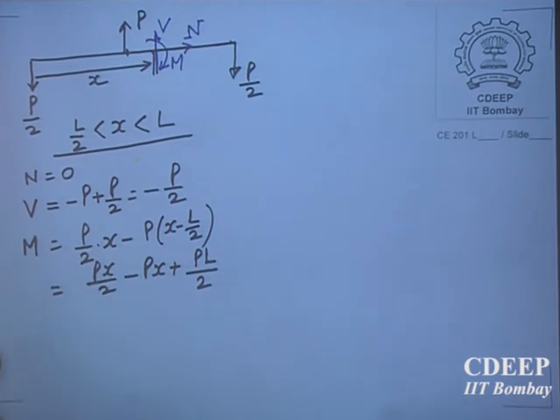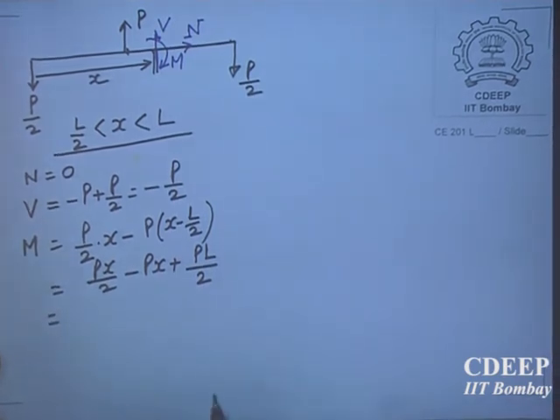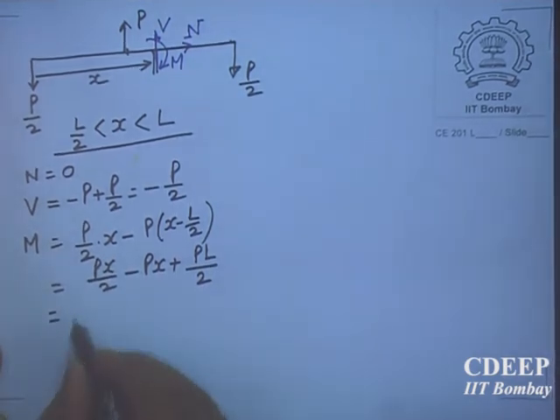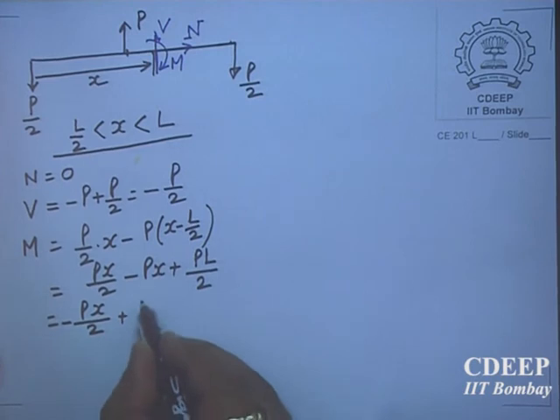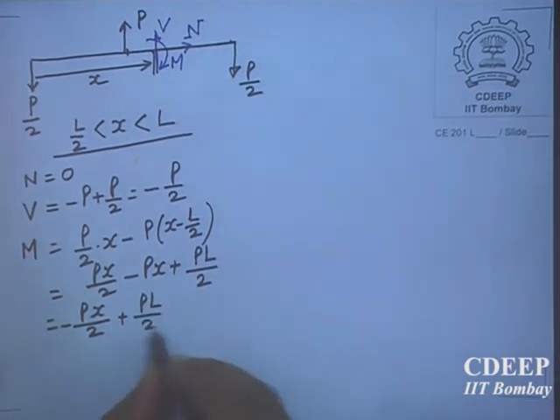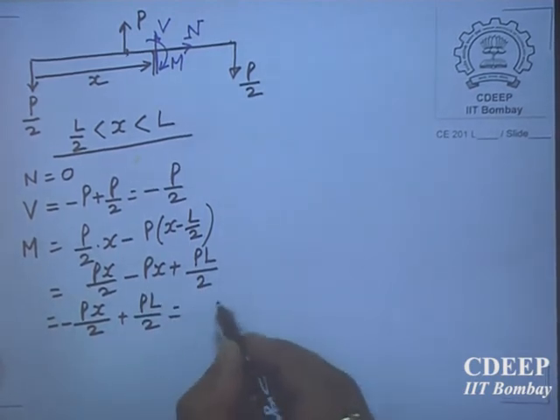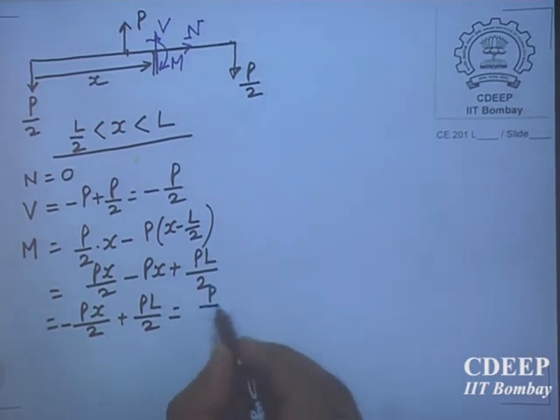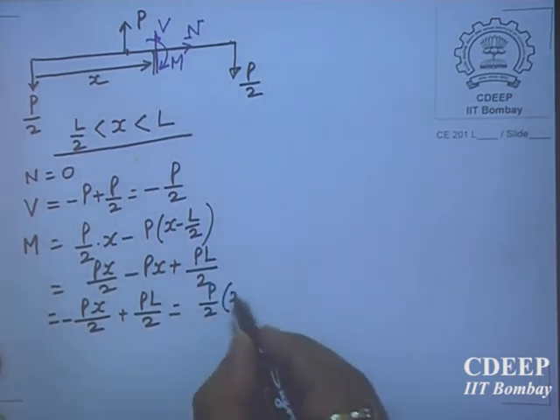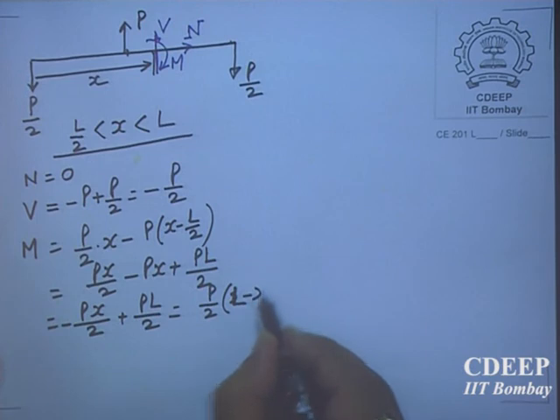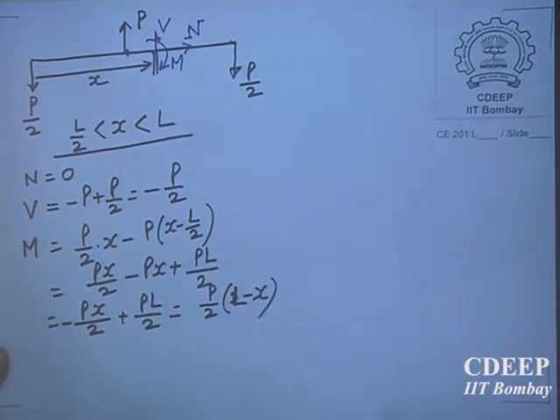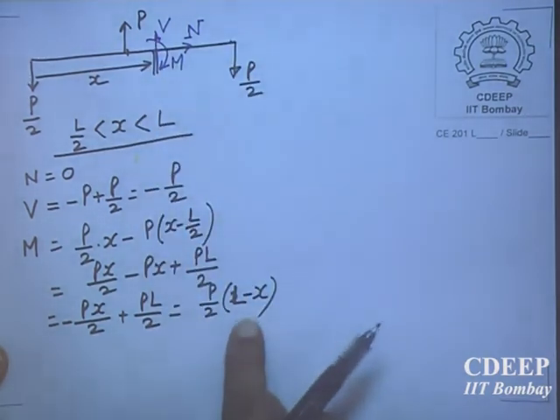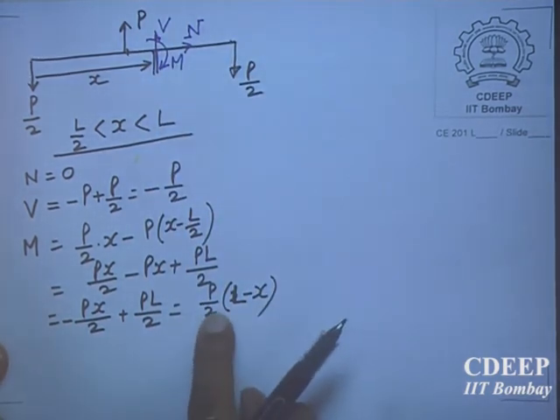So how much is this? Quickly. Px by 2 minus Px plus PL by 2. So that becomes equal to P by 2 into L minus x. So at x equal to L by 2, it will become how much?